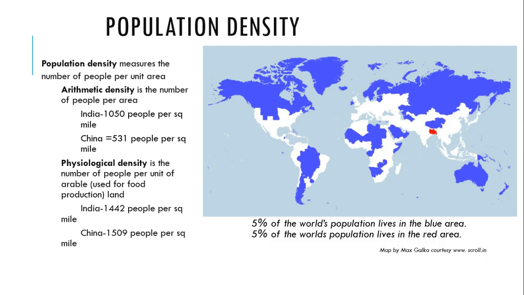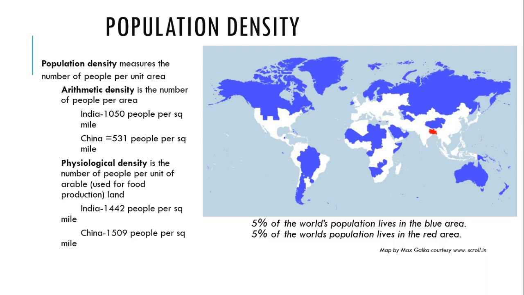So let's look at physiologic density. This is the number of people per unit of land that can produce food based on current technologies. That kind of land we call arable land. India only has 48.8% of the land considered arable. So the physiologic density here is 1,442 people per square mile. China is, of course, much larger.